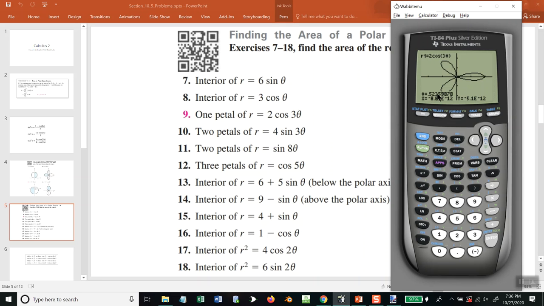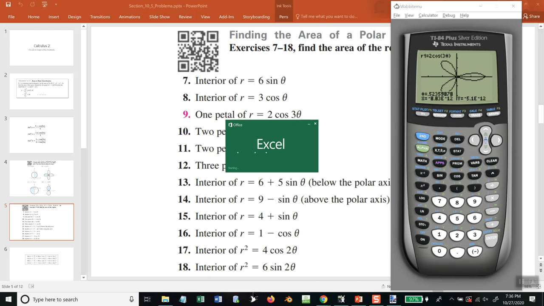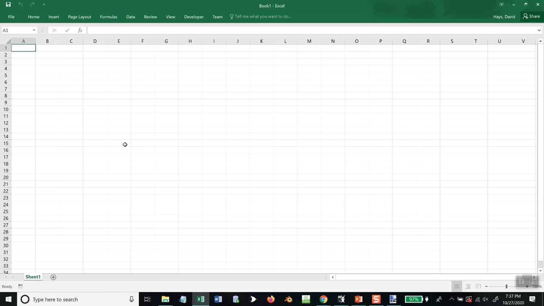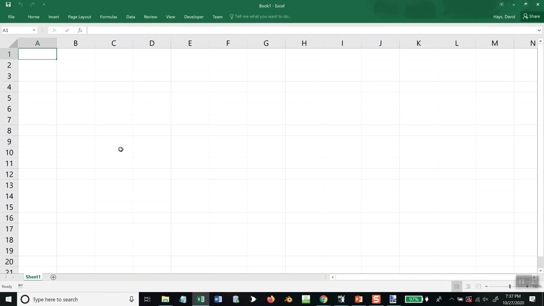And earlier I didn't keep it, but I went into Excel and I created a bunch of pies to get all the different values. I should have saved it. Pi over 2, pi over 3, pi over 4. I don't think you have to go very far.